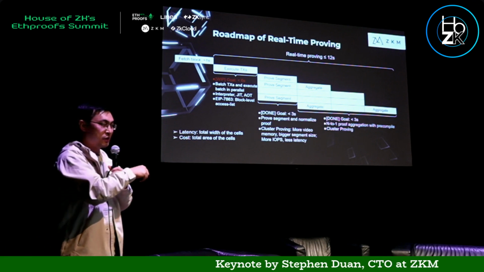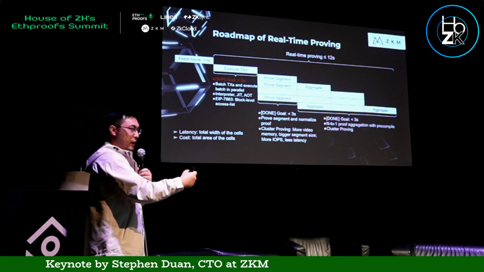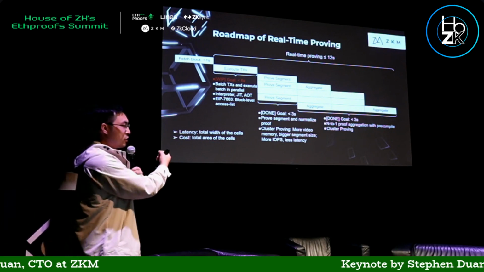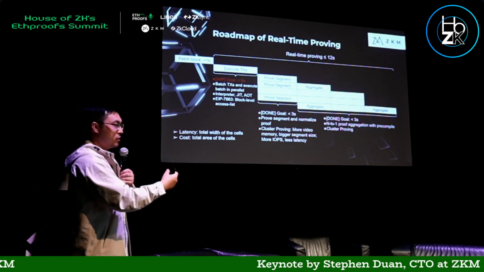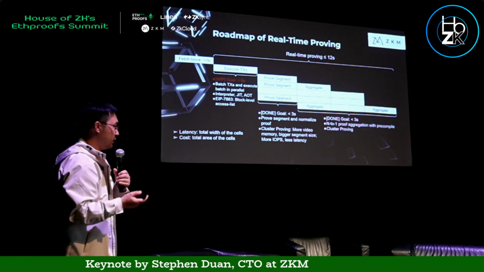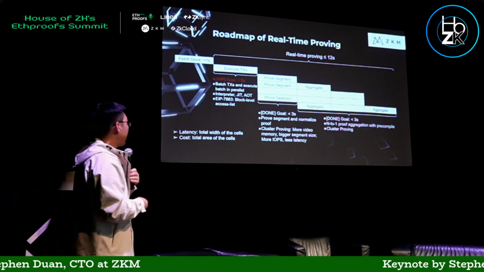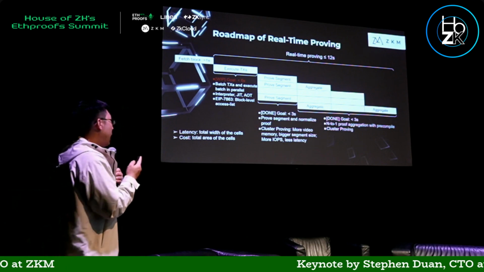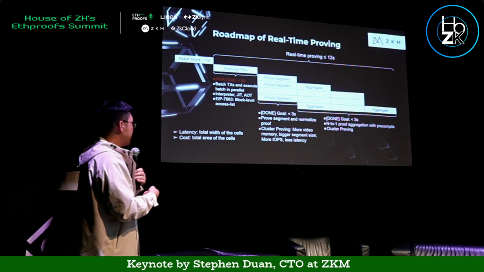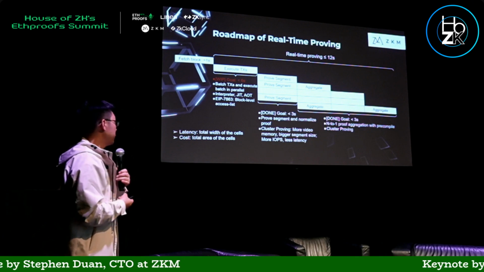For each executor, you need to have a snapshot, and then you fetch the transaction trace, execute the transaction, and then you can go to the proving stage. So basically, that's what we are doing right now to generate all the witness in less than 6 seconds, and we also have some solutions for that.